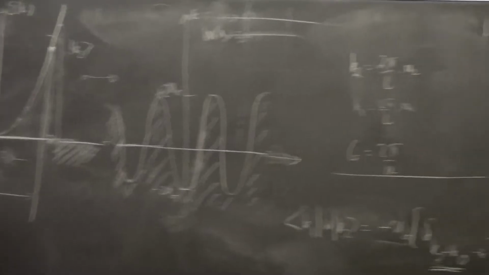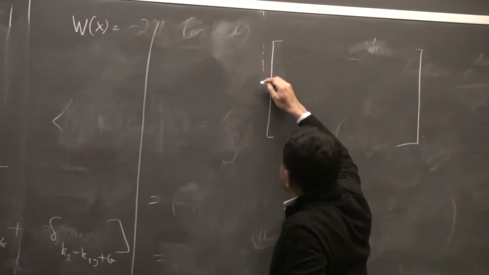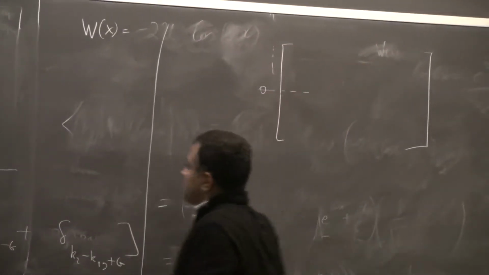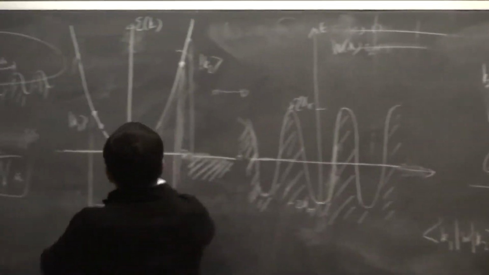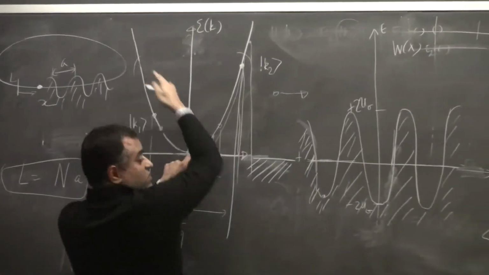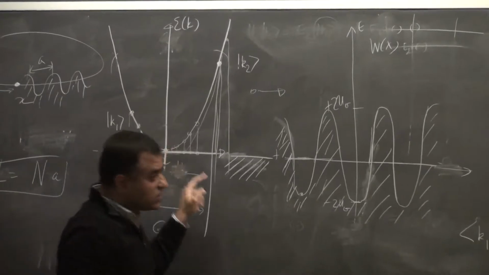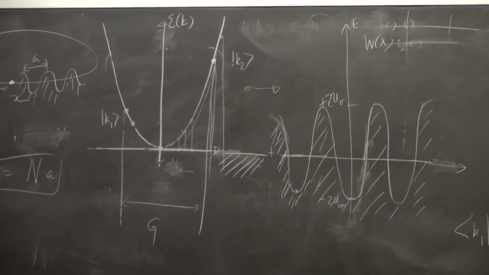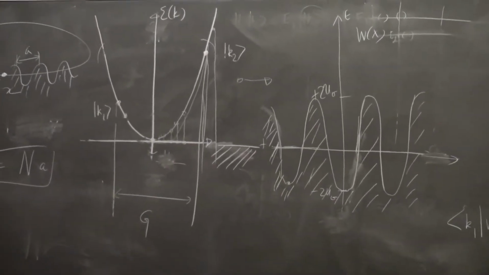If you look at it, let's say I look at state 0 here, and then I have to go to plus G or to minus G to find states that it gets coupled to.